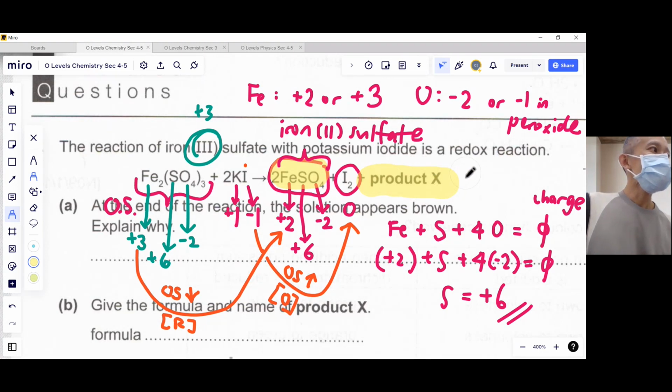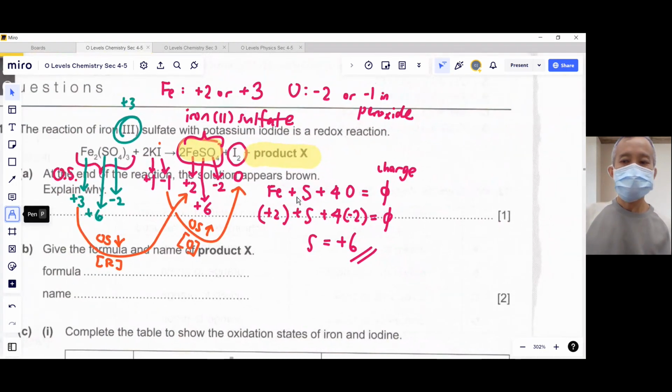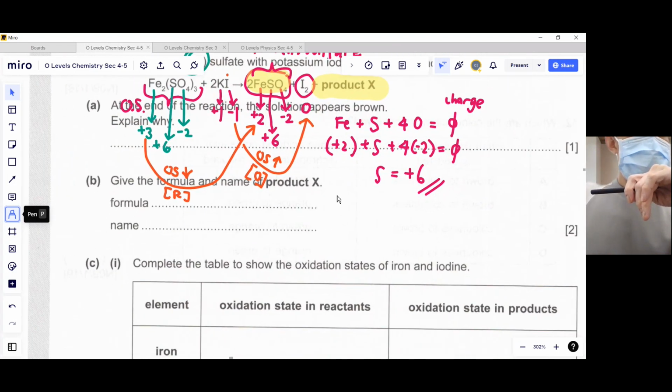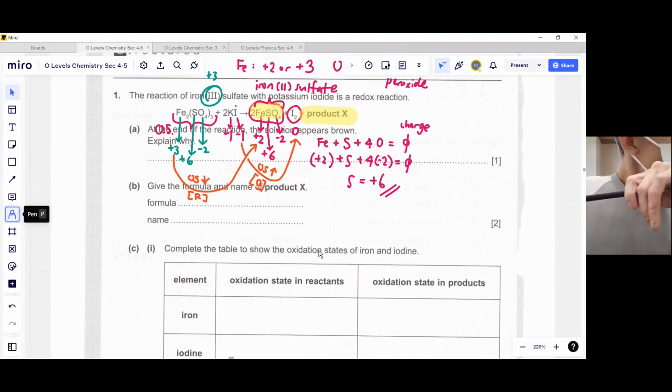There's a missing product X. Bernice, A and B, concentrate.